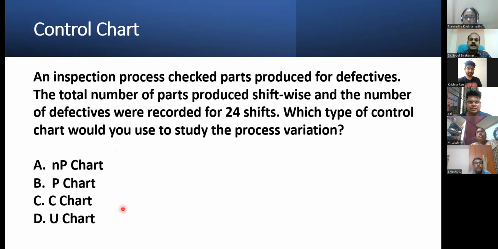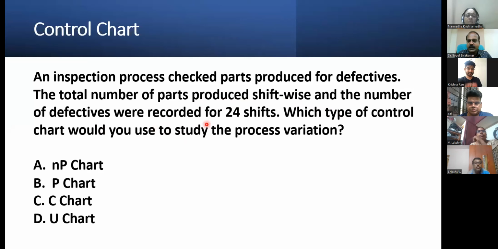Now let me check whether all of you have understood. An inspection process checked the parts produced for defectives. Are they monitoring defects or defectives? Defectives. That means the answer is between P and NP. In order to understand, you should know the subgroup size. The total number of parts produced shift-wise and the number of defectives were recorded for 24 shifts.